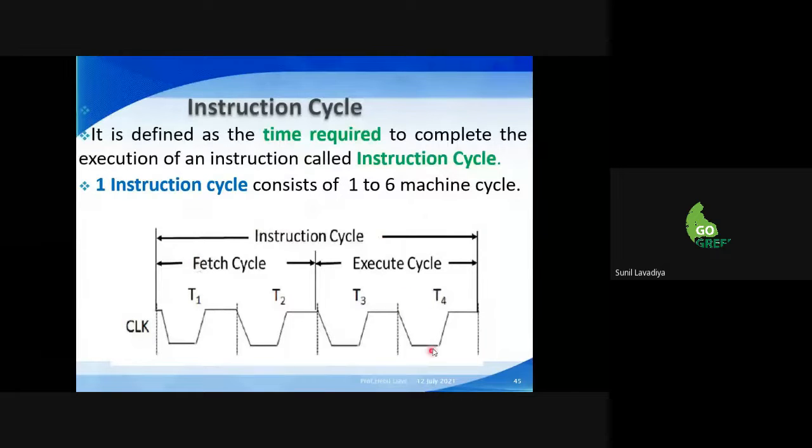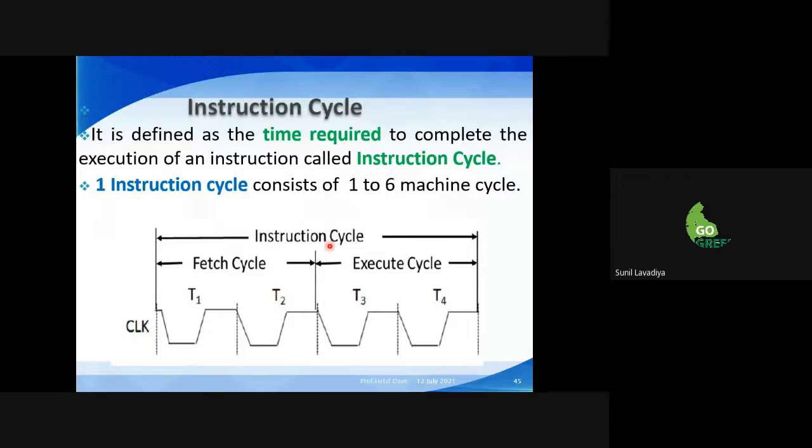But all these things come under the category of instruction cycle. So if I write MOV A, B, that entire thing is considered under the instruction cycle. If I write a program, then after each line, whatever diagram is created comes under the category of this particular instruction cycle.